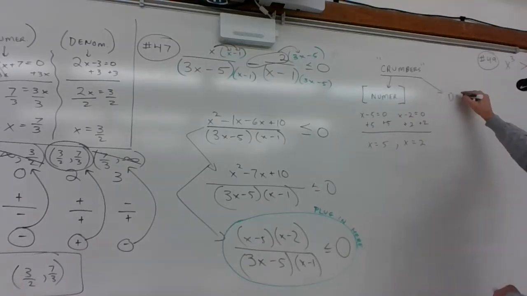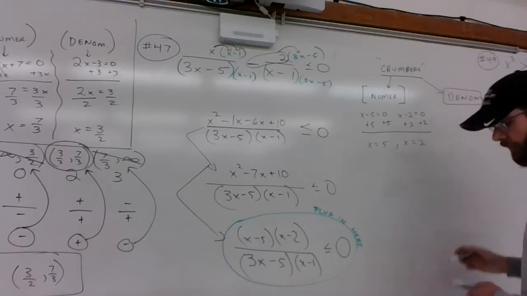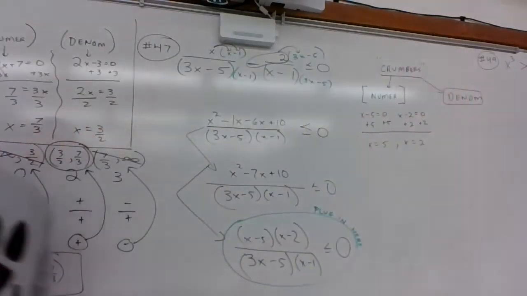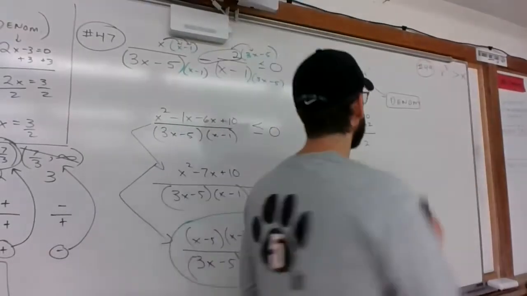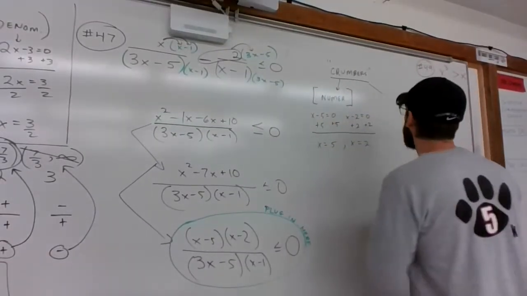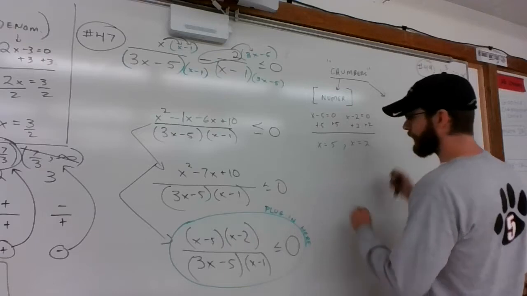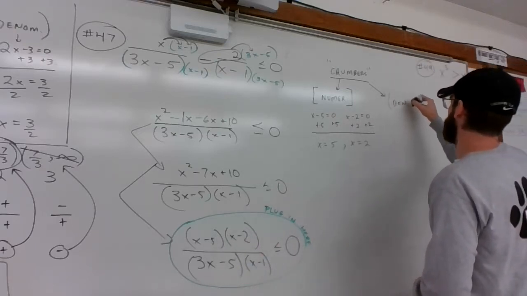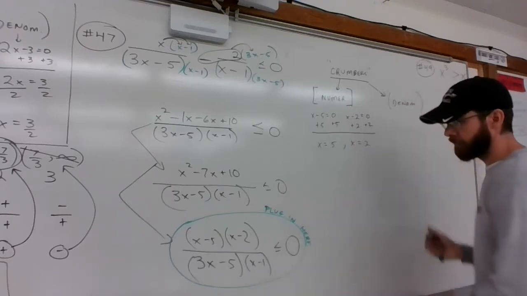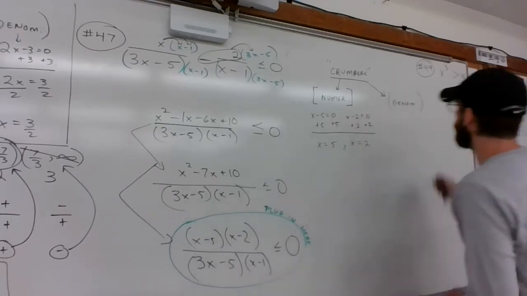For the denominator, oh, wait, hold on. I got to keep my visual stuff straight here. The denominator would have parentheses, because they always do. Set these two equal to 0.